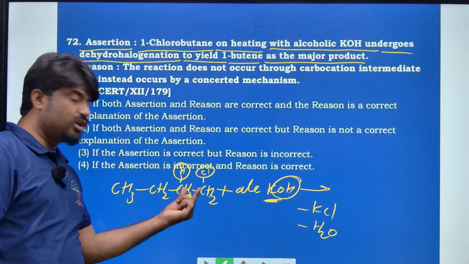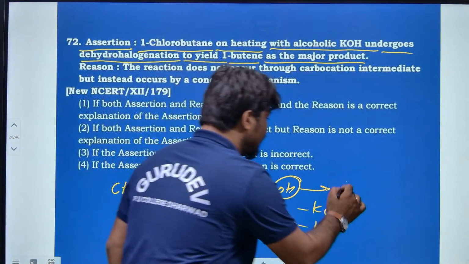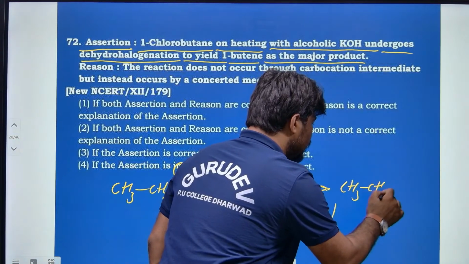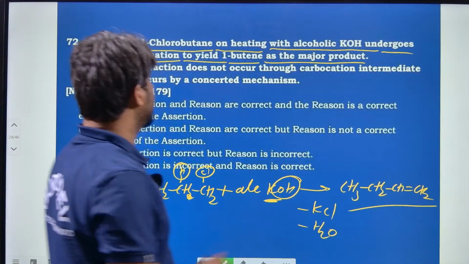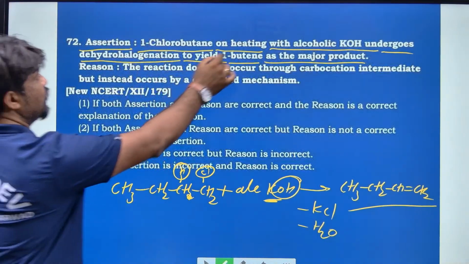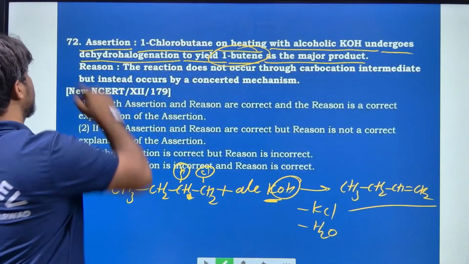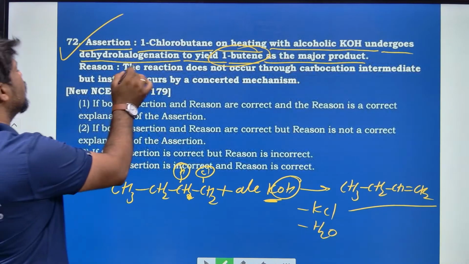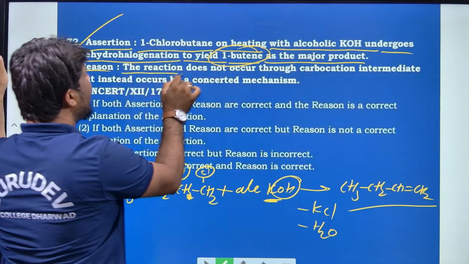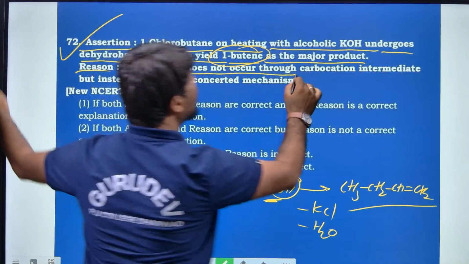Ultimately, there is a formation of a double bond here. Then I can get CH3, CH2, CH double bond CH2. Like this I can get 1-butene. Yes, of course, I can get that 1-butene. That assertion is correct. Well, go to the next. What is the reason? The reaction does not occur through the carbocation.